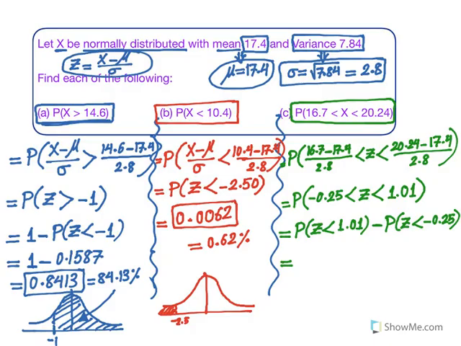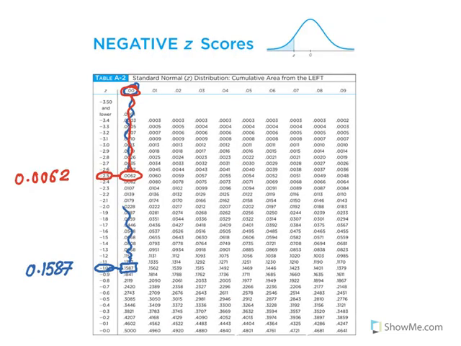So I put 0.8438 minus the probability z less than negative 0.25. Negative 0.2, and here is the 5. We get 0.4013.